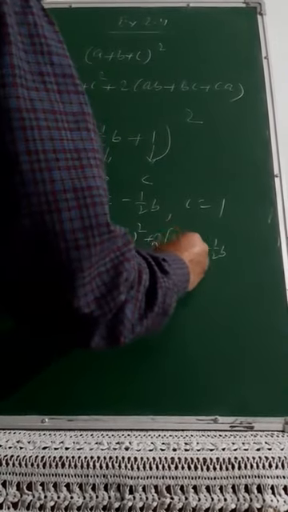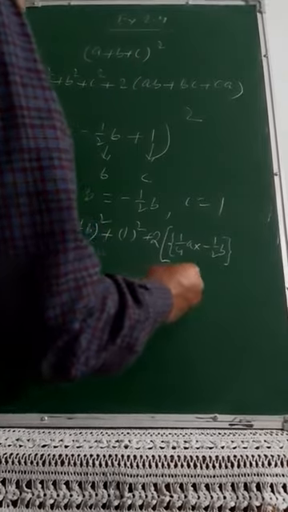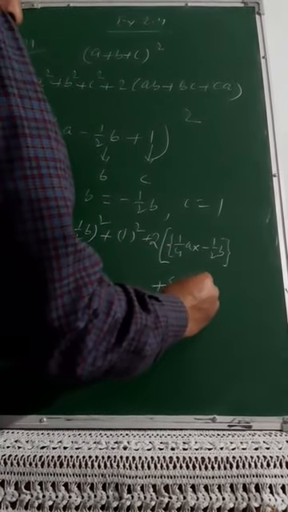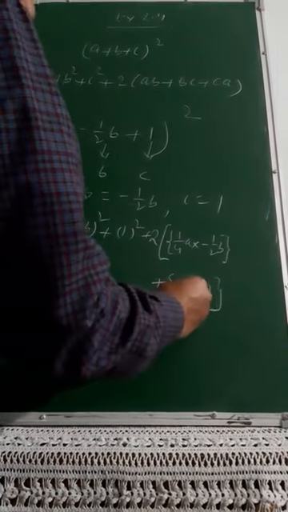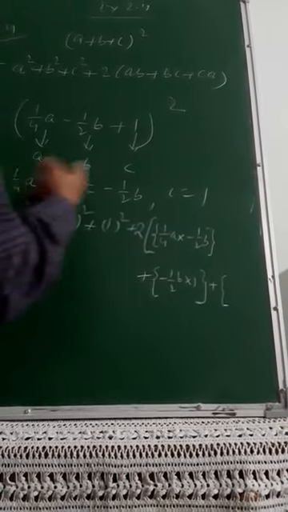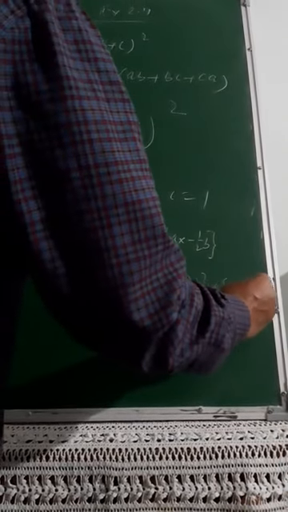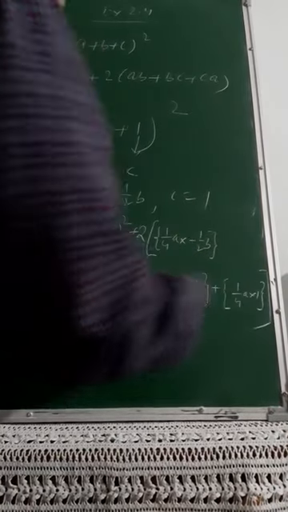So this is your AB plus BC. BC is minus 1 upon 2b into C which is 1. Then plus CA. CA is 1 by 4a into 1. And then finally close this square bracket.